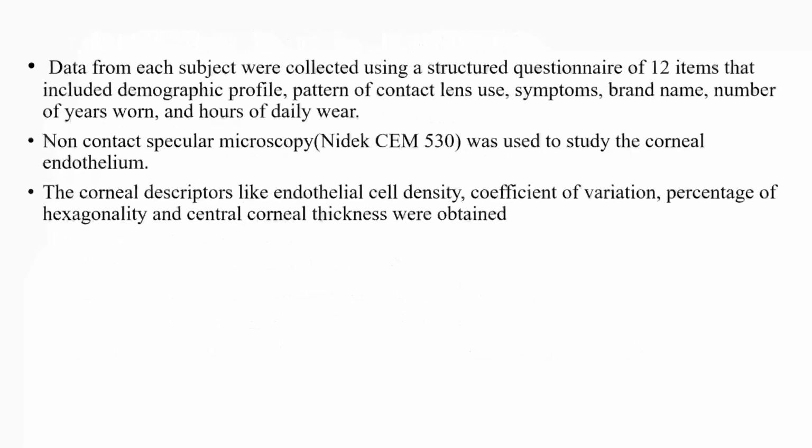Data from each subject were collected using a structured questionnaire of 12 items that included demographic profile, pattern of contact lens use, symptoms, brand name, number of years worn, and hours of daily wear. Non-contact specular microscopy was used to study the corneal endothelium, and corneal descriptors like endothelial cell density, coefficient of variation, percentage of hexagonality, and central corneal thickness were obtained.